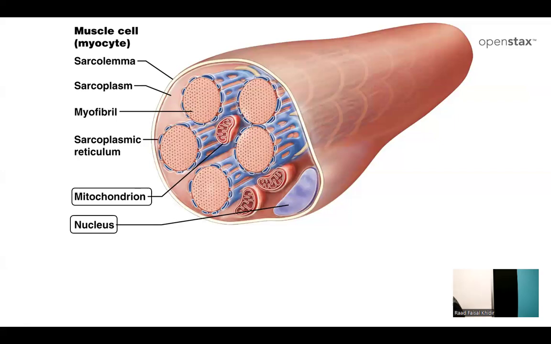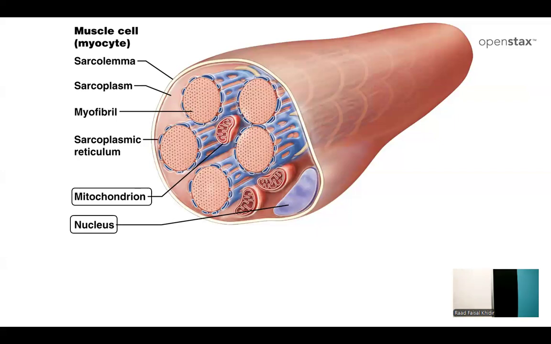Each muscle fiber is wrapped by a fibrous capsule known as the endomysium. That's the endomysium, blue endomysium. So the endomysium is the raincoat that the muscle fiber has.